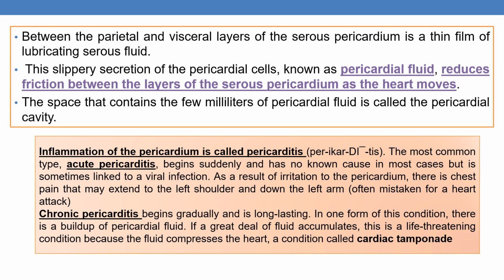That fluid is called pericardial fluid, and it is secreted by pericardial cells. The function of pericardial fluid is to reduce the friction between the layers of the serous pericardium as the heart moves, and the space or the cavity that contains the pericardial fluid is called the pericardial cavity.